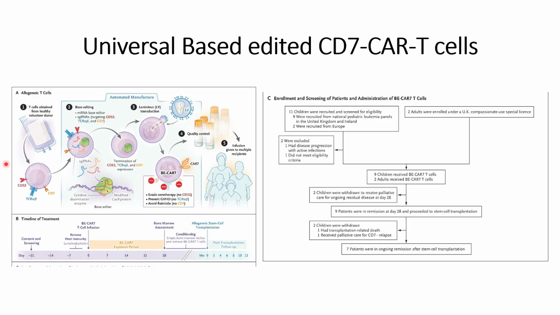They take the T cells from the healthy volunteer donor that has CD52, TCRαβ, CD7, and thereafter they base edited these three antigens to get rid of the expression of these three antigens. So they use the CRISPR-Cas9 system to target these antigens so that they will not be expressed. That can be seen here, the termination of CD52, TCRαβ and CD7.